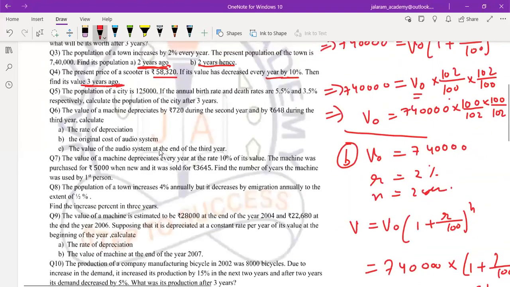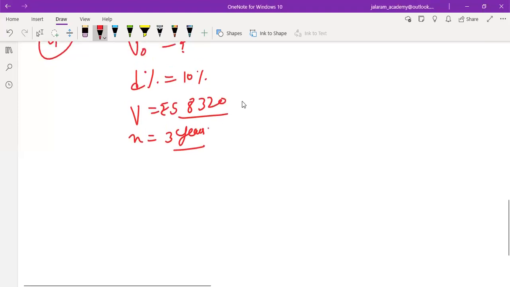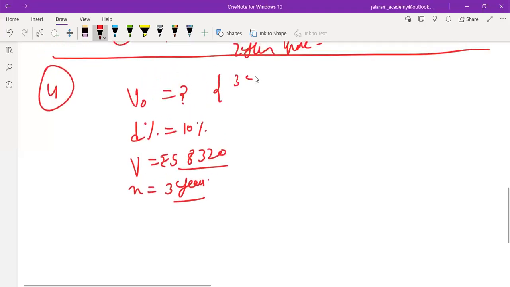And V is given, 58,320. This is the final value after 3 years. The present value is rupees 58,320, and we have to find the value 3 years ago, so the initial value is not given.